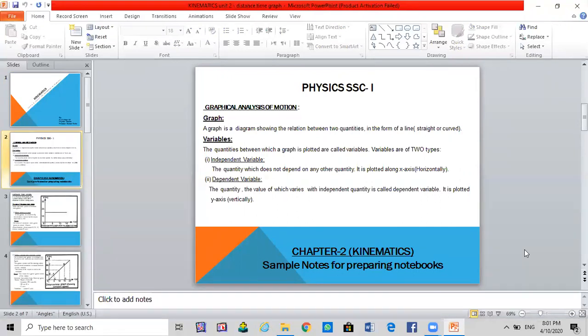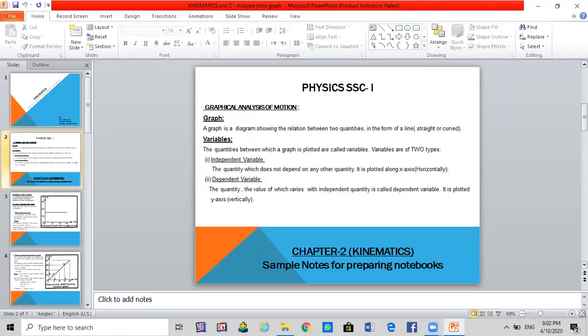Let's learn what a graph is. A graph is a diagram showing a relation between two quantities in the form of a line. The line may be curved or straight. Variables: the quantities between which a graph is plotted are called variables.